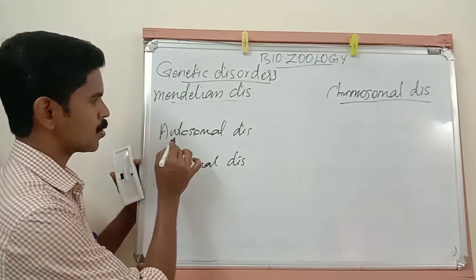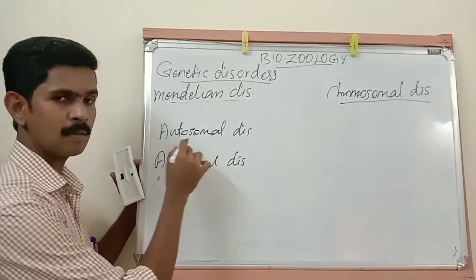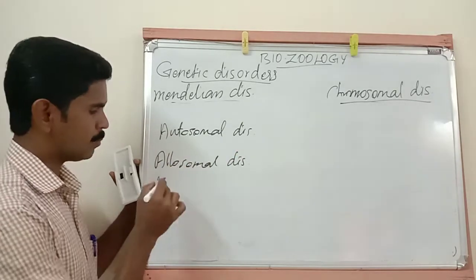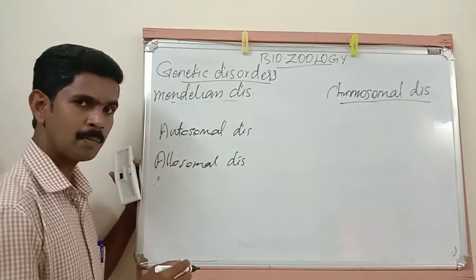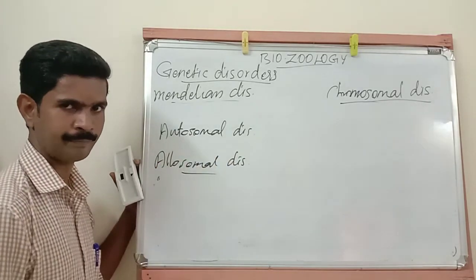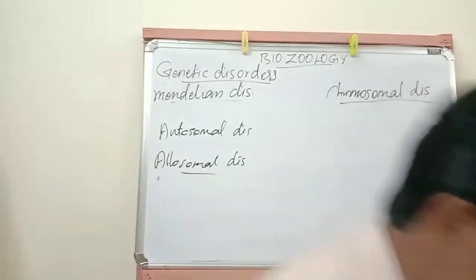If the structure or the number of autosomes is affected, then the disorders are called autosomal disorders. If the structure or the number of chromosomes is changed in the sex chromosome, it is called allosomal disorders. So listen very carefully.